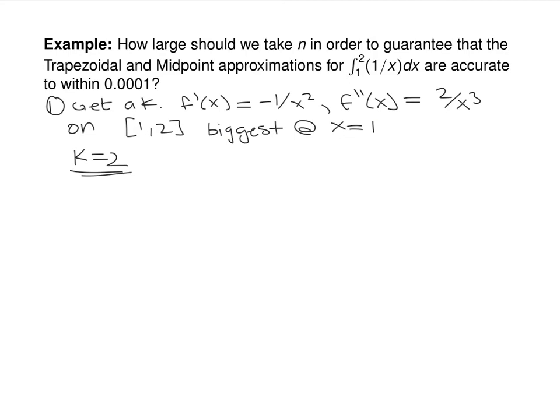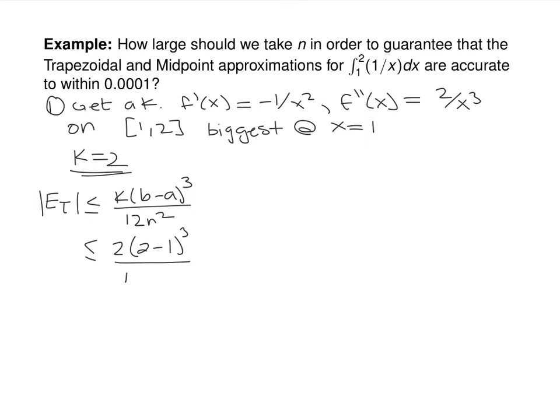And so then we know that the absolute value of E sub t is less than or equal to k times (b minus a) cubed over 12n squared. And so plugging in our stuff, for k we're going to plug in 2. B and a are the endpoints of our interval, so (2 minus 1) cubed over 12n squared. And we don't know n.